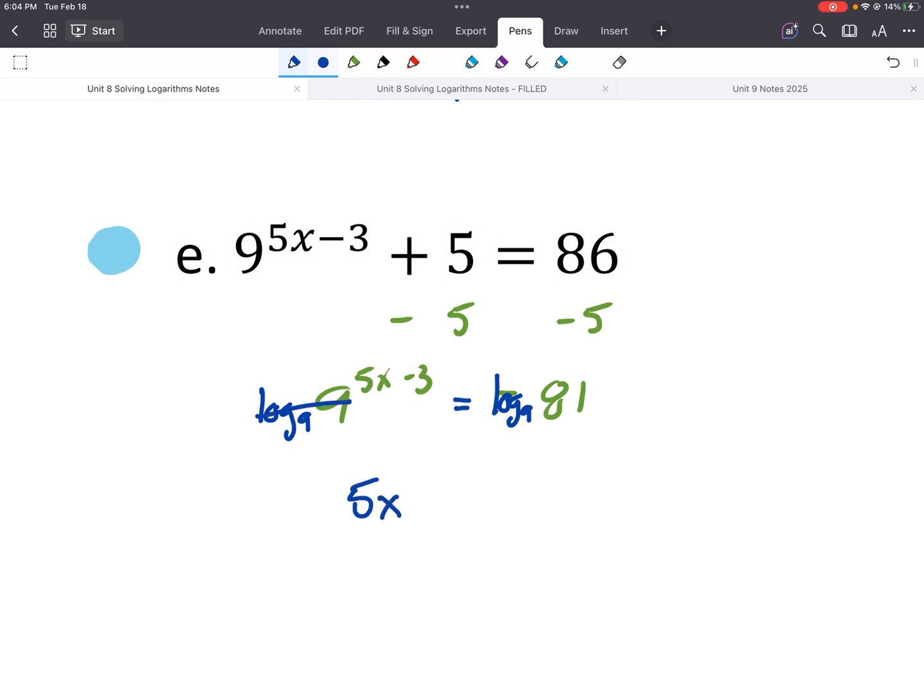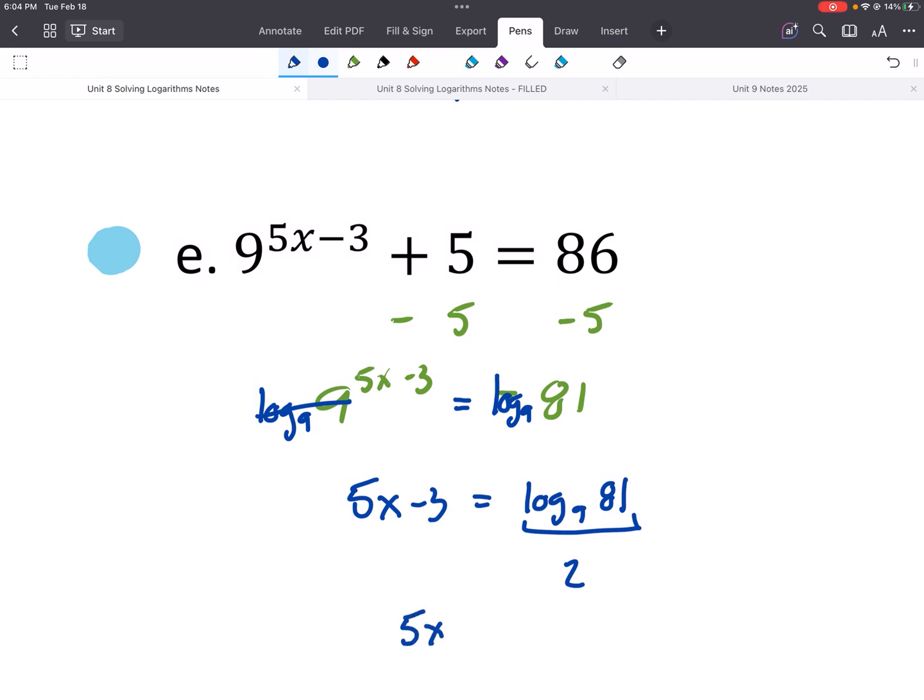So 5x minus 3 is equal to 81, log. If you realize that that can be simplified, you could do that really easily. So again, it's 9 to what power is 81? So this is just really 2. But if you weren't sure, you could just leave it in your calculator and see what you get.